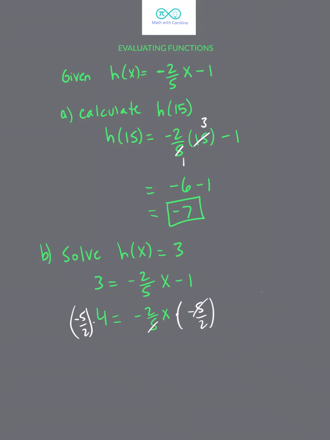Because that way, this will all divide out, and you'll just be left with x. Now when you're multiplying these fractions, 2 goes into 4 2 times. So again, instead of multiplying negative 5 times 4 and dividing by 2, we can just simplify from the beginning, and we can just multiply negative 5 times 2. And then x will equal negative 10.